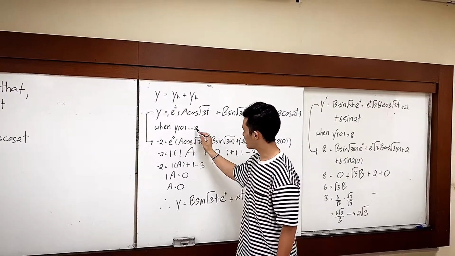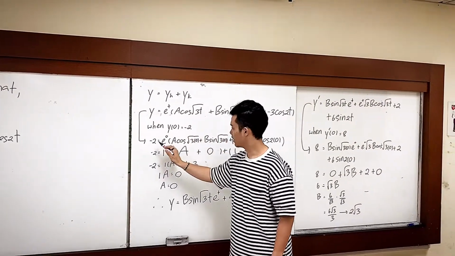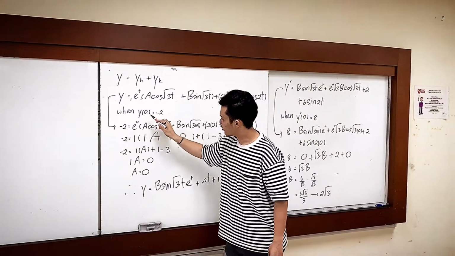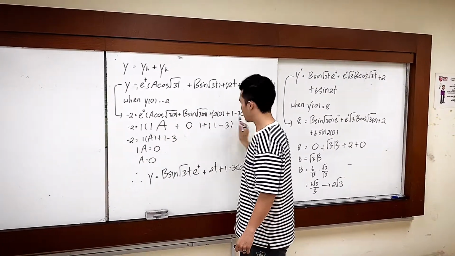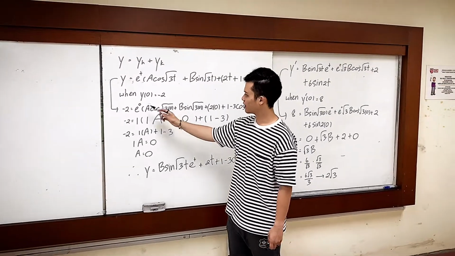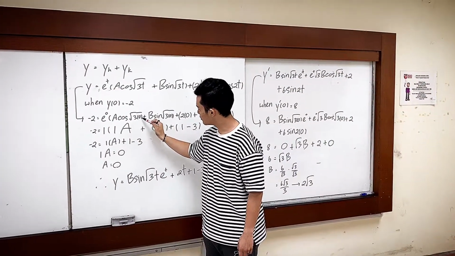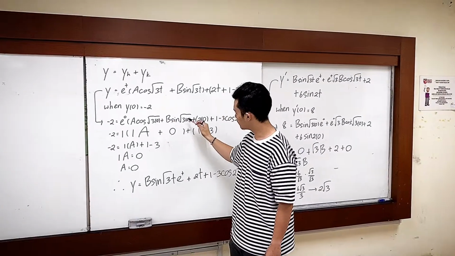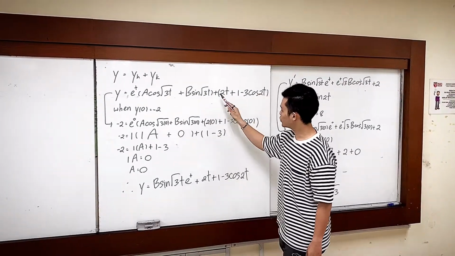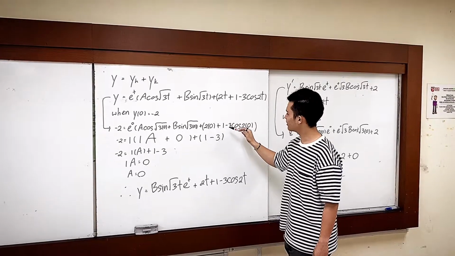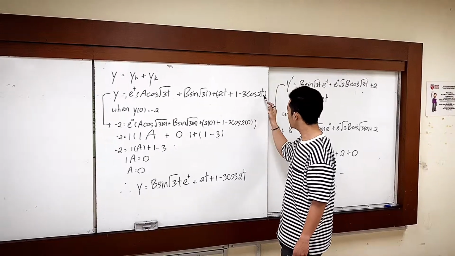So y is negative 2, we substitute negative 2 here. T is 0, whatever is t, we put 0. So we get e to the power of 0, a cos 3t at 0, plus b sine square root 3 at 0, plus 2 at 0, plus 1 minus 3 cos 2 at 0.